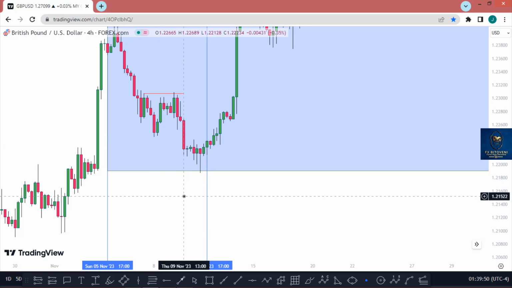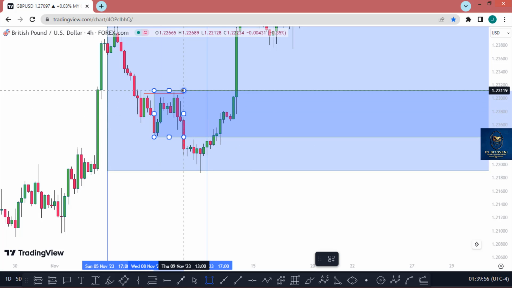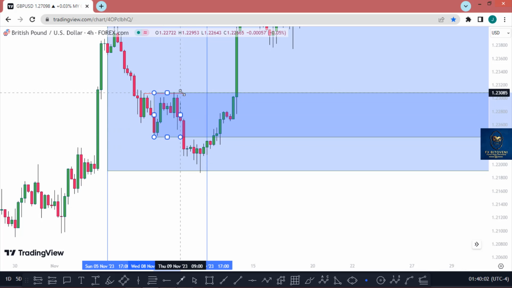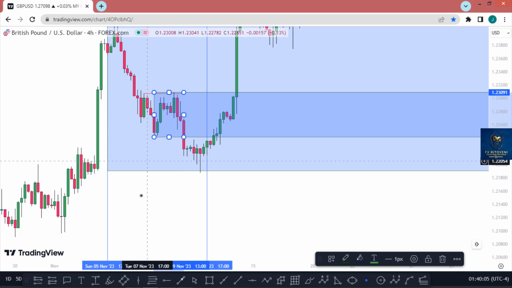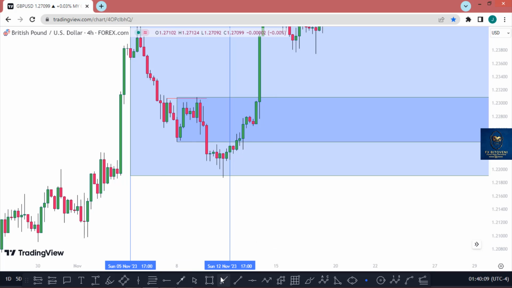So if you want to do refinement, make sure you mark the horizon here. First of all, mark the horizon. After marking the horizon, you are done seeing something like this.